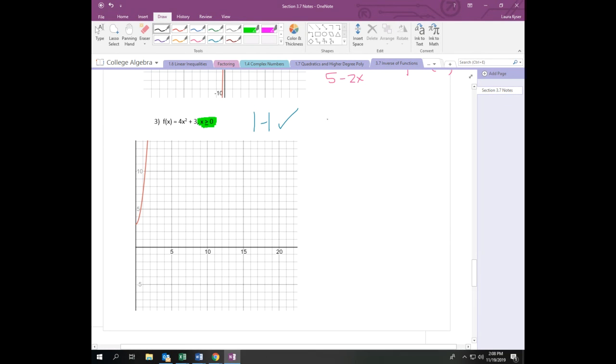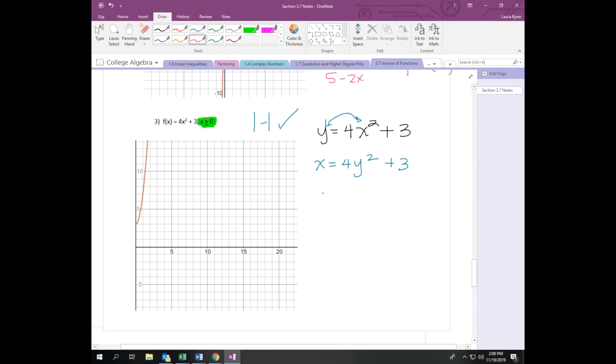Let's go ahead and make our inverse. So the original function is y equals 4x squared plus 3. Let's flip-flop the x and y and make this x equals 4y squared plus 3. And now we'll re-isolate our y.